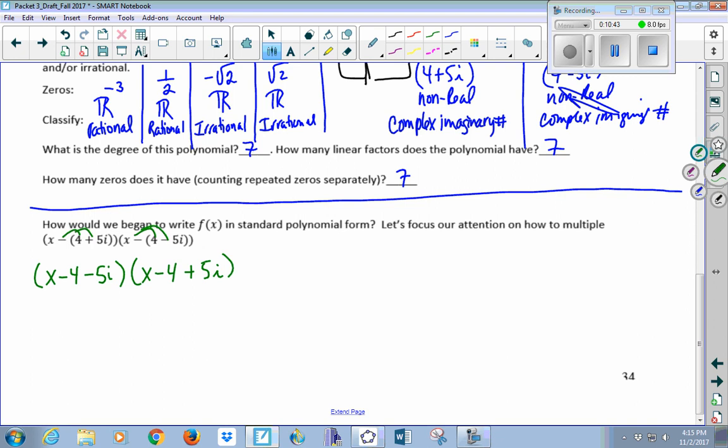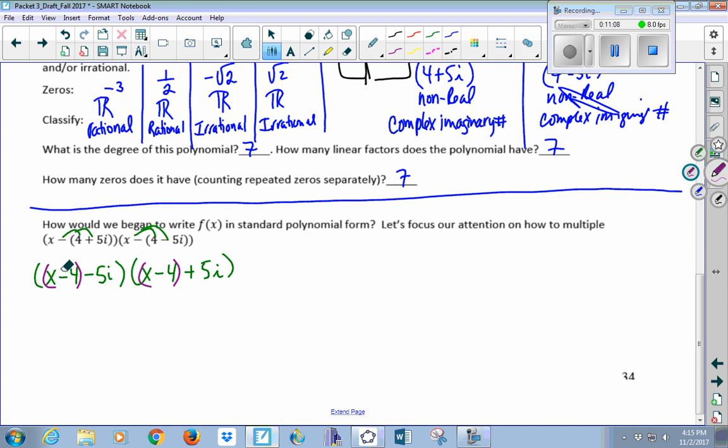Okay. Now here's a nice little strategy you can use. Instead of grouping the 4 and the 5i together, group the x minus 4 like this.